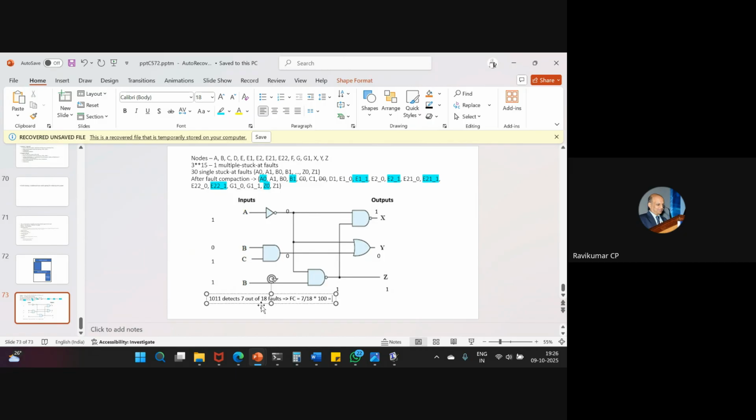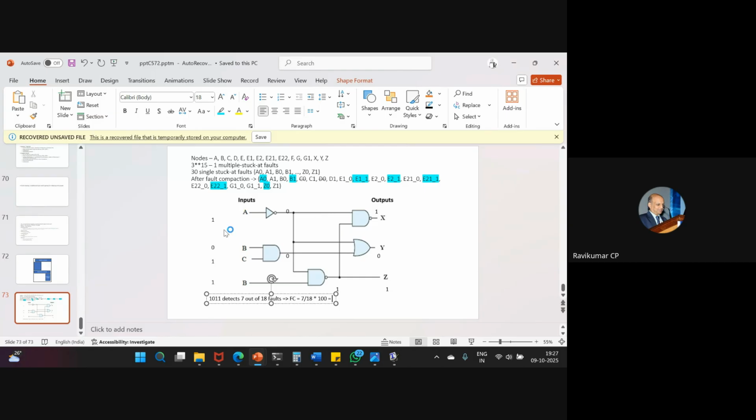You take another random vector. It is likely that it will detect some of the same faults. For example, if I take 1111, it will detect A0 also. But there will be a few unique faults that it will detect.